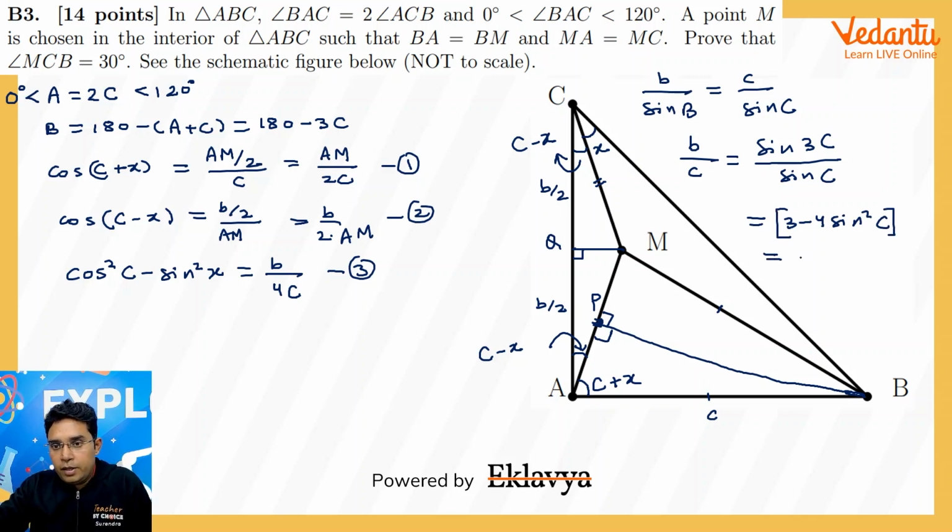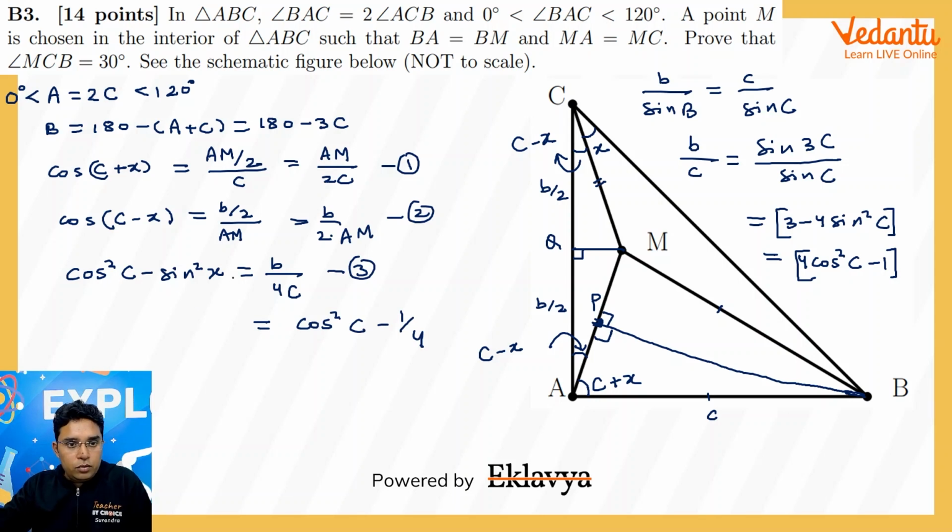So it will become 4 cos square C minus 1. So we can write B upon C as this. Dividing by 4, we get cos square C minus 1 upon 4.